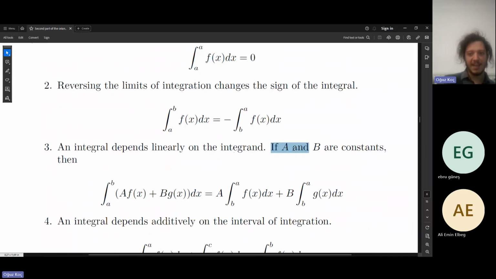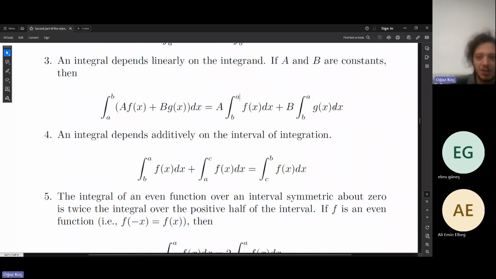If a and b are constants, then we can write it as a times the integral of f of x plus b times the integral of g of x. The limits are mistakenly changed here, they have to be a and b, there's an additional typo here. You can write it like this.